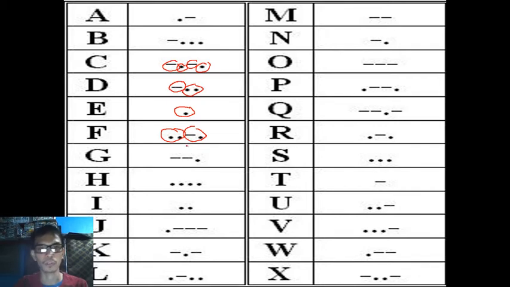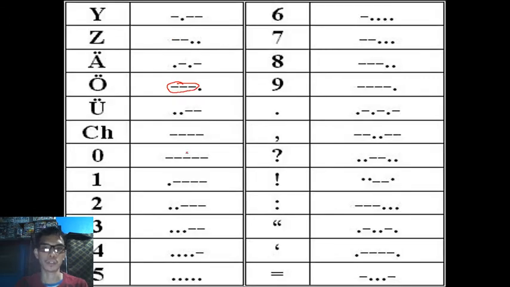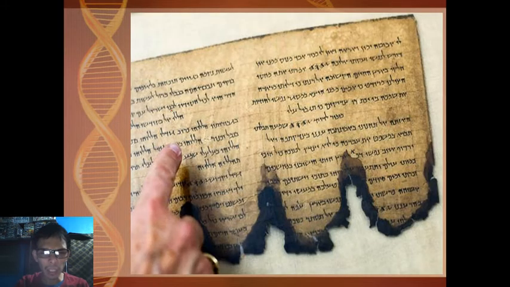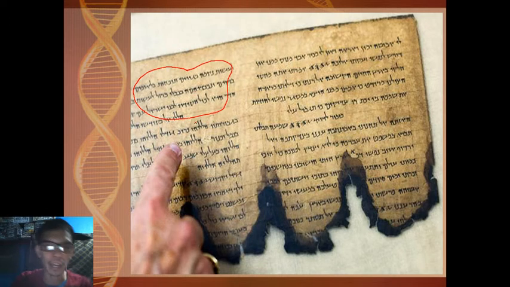The Morse code was invented by Samuel Morse. There are other things that we have right here, like the numbers. These are some examples of the scriptures found in the Dead Sea, which we call the Dead Sea Scrolls, and I think it's the New Testament of the Bible.